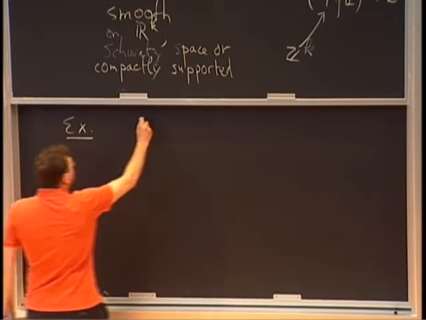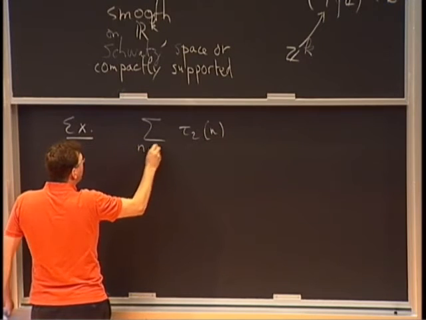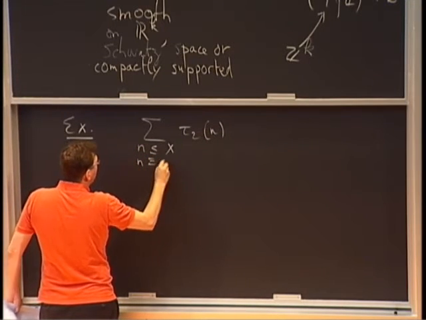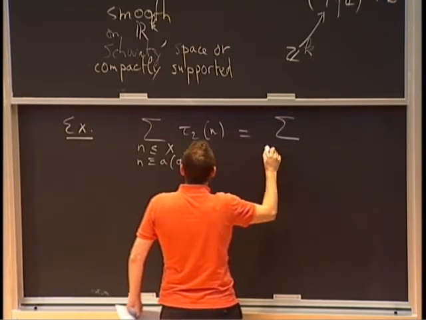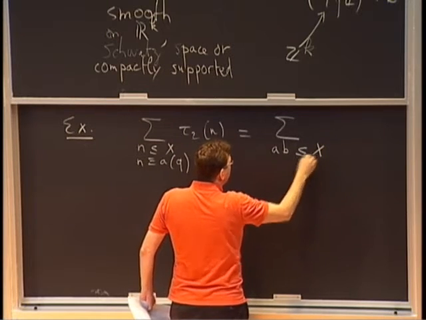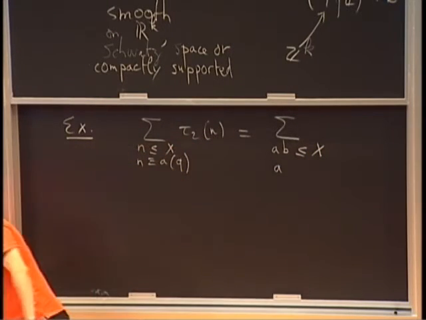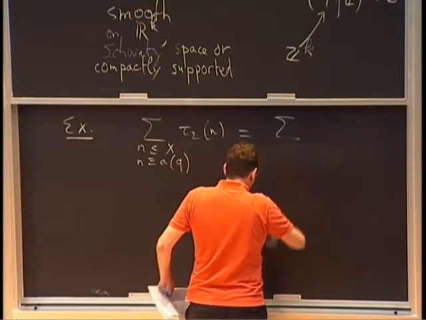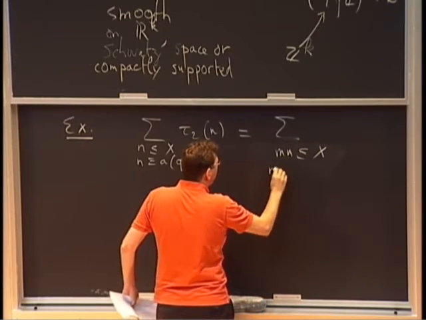However, if you write our sum by explaining what is tau2, it's just a convolution of 1 with 1. So this will be the sum over a, b such that the product is less than x. I'm going to reuse m and n as variables. So n is not the same as before.